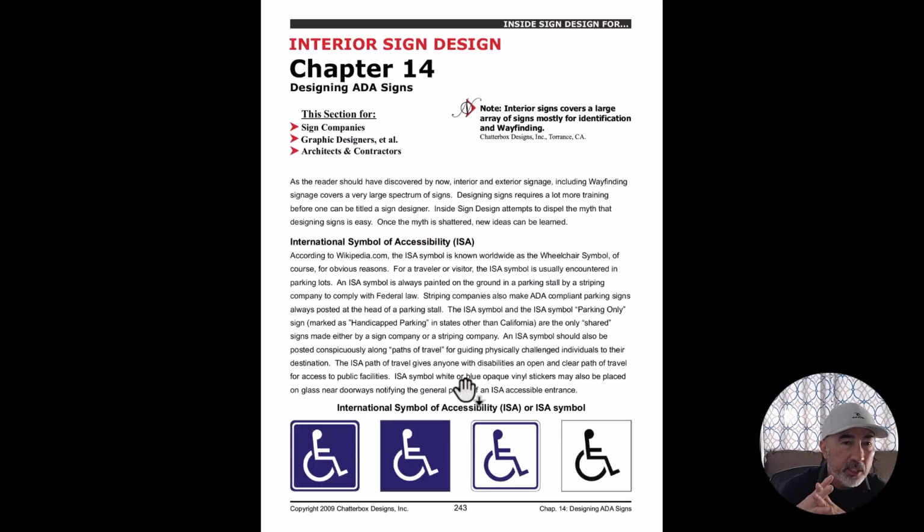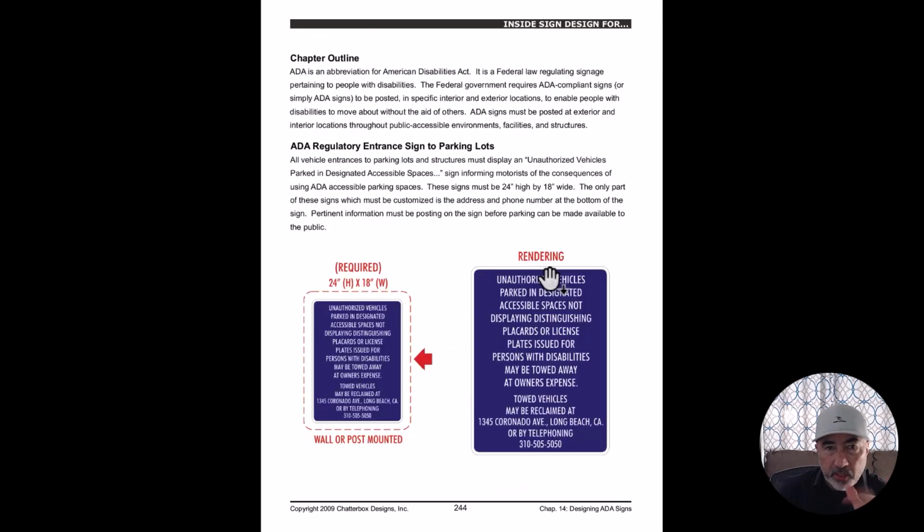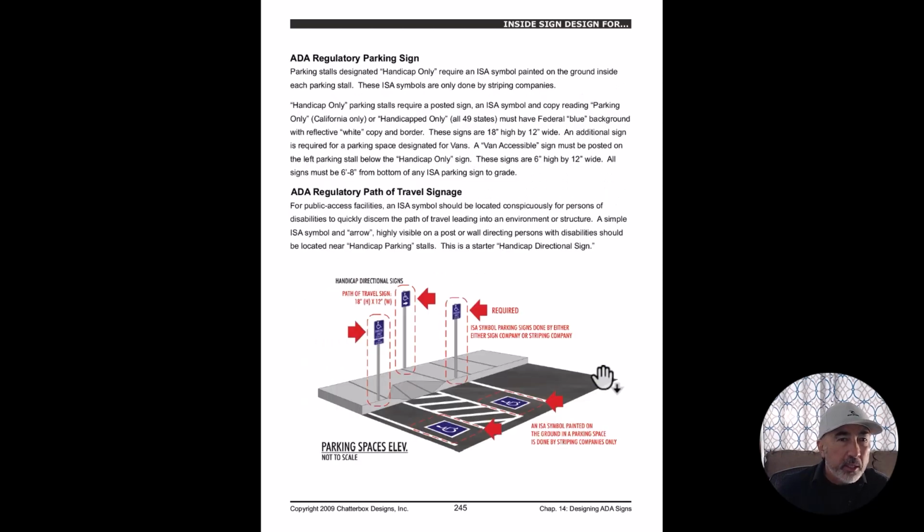Then chapter 14, another non-illuminated sign type, designing ADA signs. Of course, again, this information may have changed. Some of the wording, some of the coloring that I'm seeing now for unauthorized vehicle parking signs, they don't look like this. I think they're black copy with white background. They're very common.